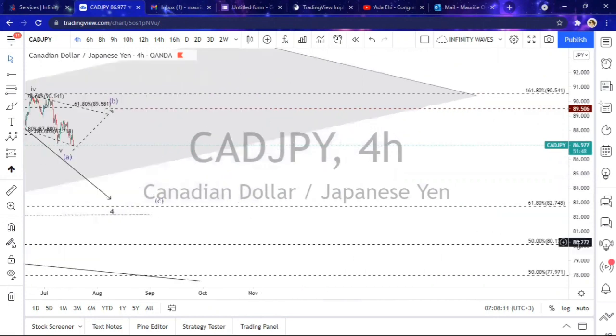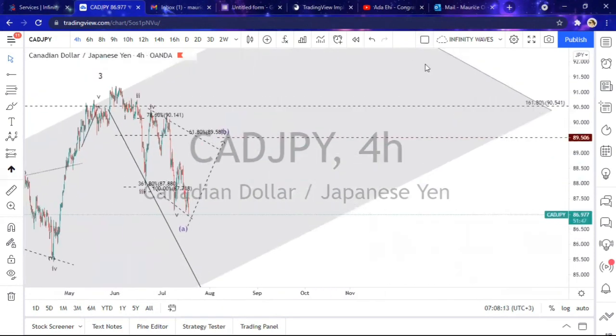So right now we are waiting for this move up here to complete wave B here, then the next drop to start from here. So we're expecting buy setups up to this level, up to 89,506 area for the next drop down. So that's for Canadian dollar, Japanese yen.